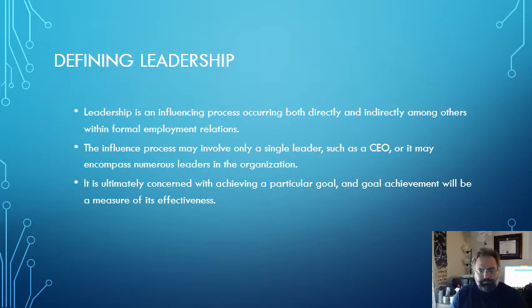You may have a CEO with a very strong impact on the direction of the organization, but who has surrounded themselves with additional leadership teams, and it depends on their style of leadership. And again, the whole point is achieving a goal, and that goal typically needs to be measured so you can determine whether you've actually reached it.